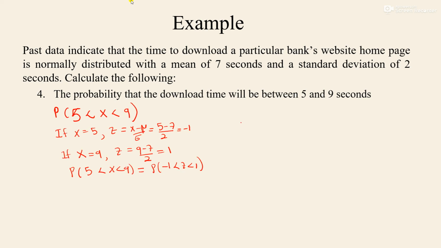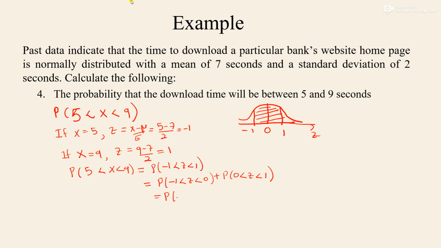We have a diagram for this scenario: z, with the mean value 0, and the points 1 and minus 1. That is equal to the probability of minus 1 less than z less than 0 plus the probability of 0 less than z less than 1. By symmetry, the negative value we can write as the positive value.